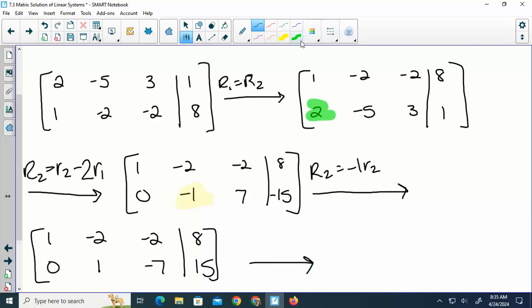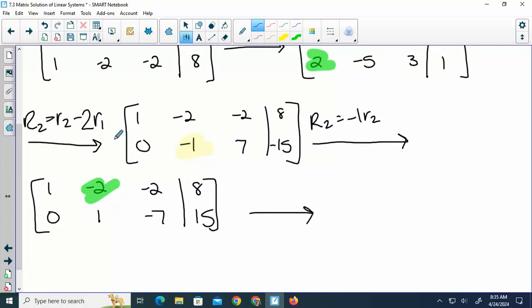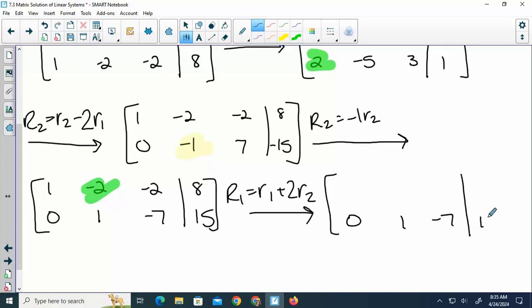Okay, we're still working in the second column. We got our 1. Now I need this to be a 0. Two of row 2. So row 1, 1 plus 2 times 0 is 1.